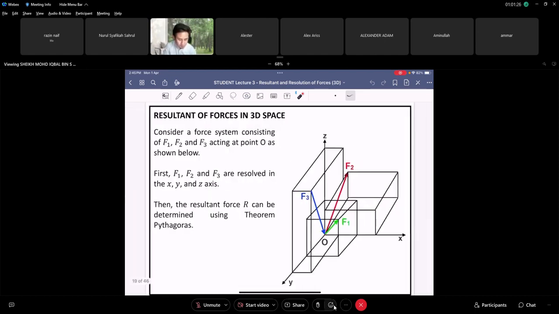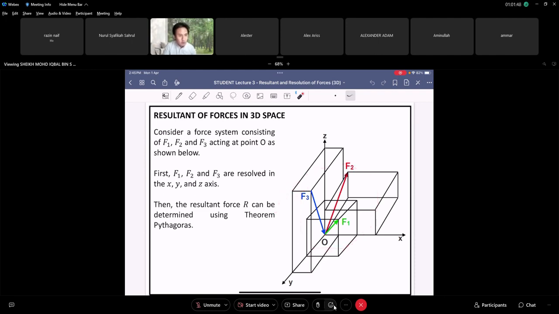All right. So this is an example of forces that you have resolved. You have one force, and now you have resolved it into F1, F2, and F3 in 3 dimensions, right? So previously you have one force, now you have already resolved it into three forces.